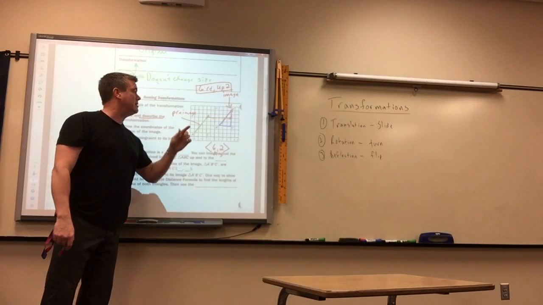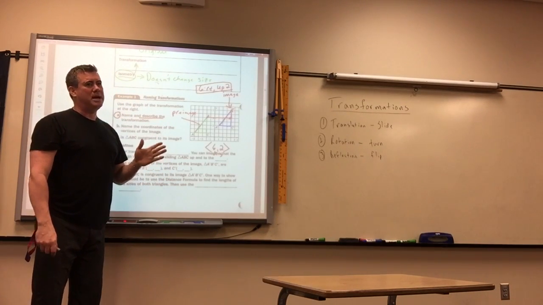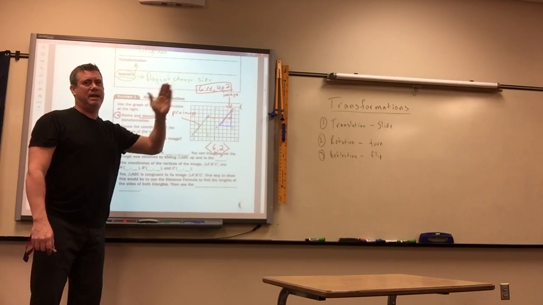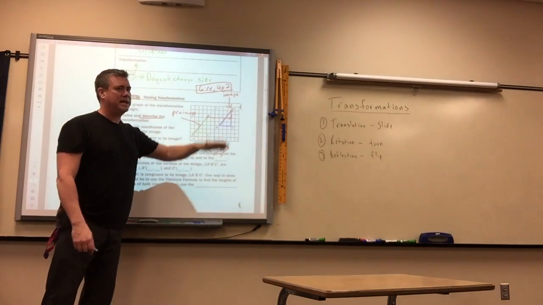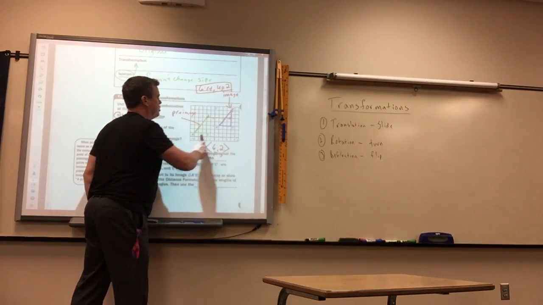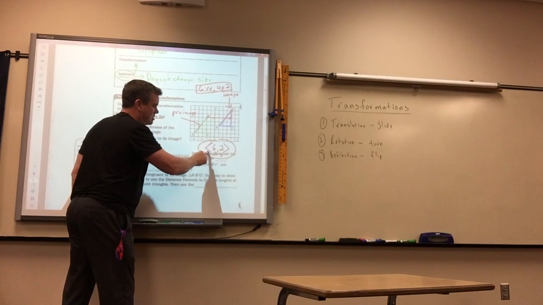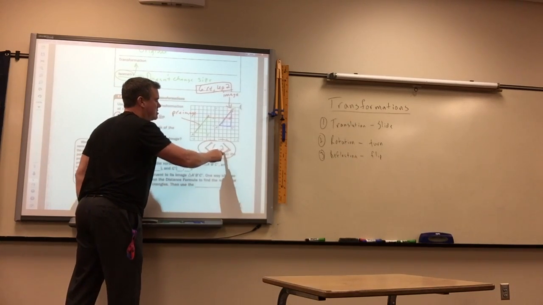So again, don't get this confused with slope. Slope is the only thing in math that goes up first. Everything else, including this, goes side to side, then up and down. All of the points go over 6 and up 2. So when you write it like this, you use these brackets.